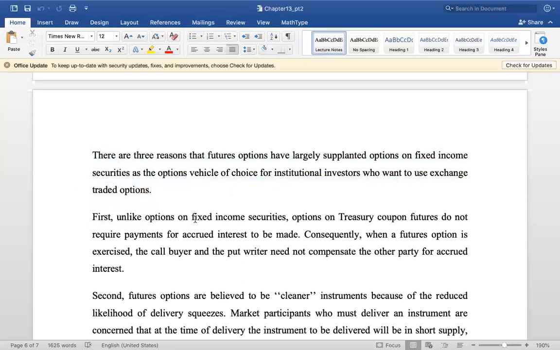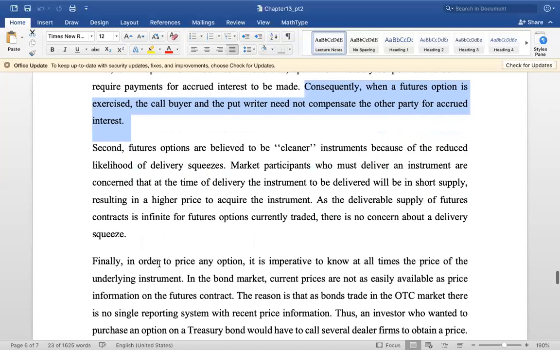First, unlike options on fixed income securities, options on treasury coupon futures do not require payment for accrued interest to be made. Consequently, when the future option is exercised, the call buyer or the put writer need not compensate the other party. Second, future options are believed to be cleaner instruments because of the reduced likelihood of delivery squeezes.